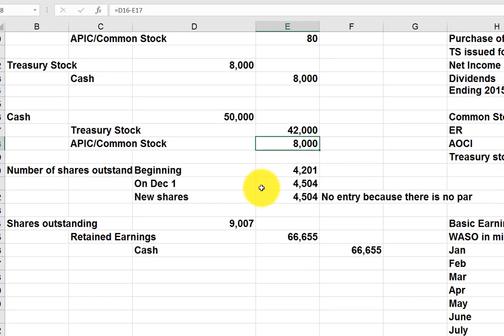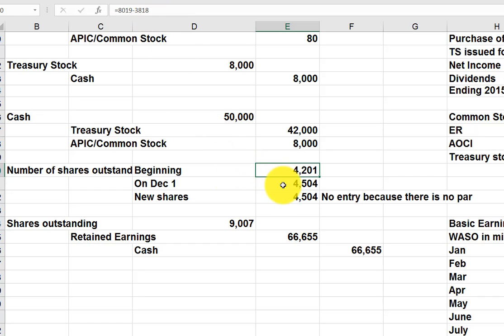So then to do the dividends, we're only going to pay dividends on shares outstanding. We need to stop and calculate how many shares are outstanding on that day, and that is 4201 was what we started with, which is the shares issued minus the shares in the treasury.